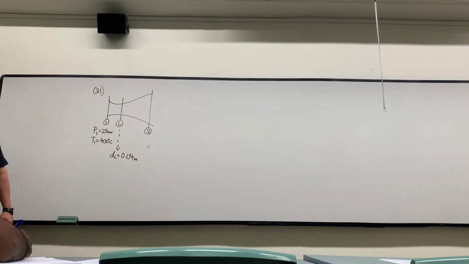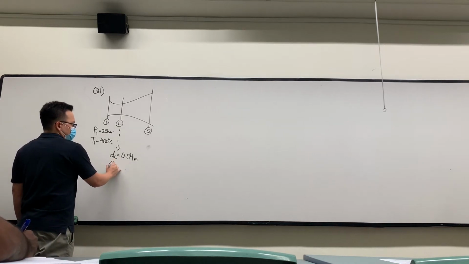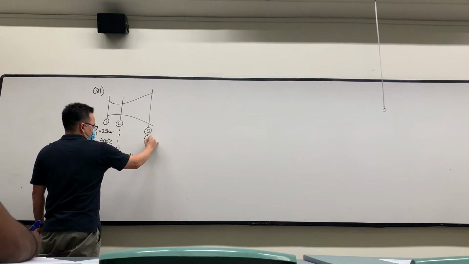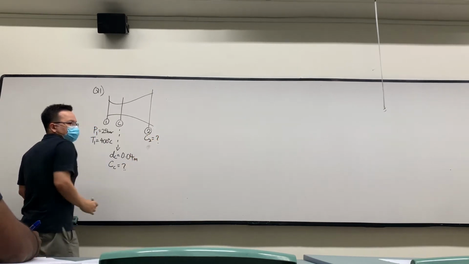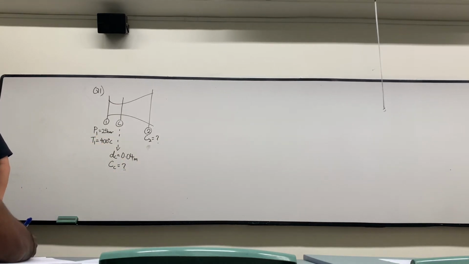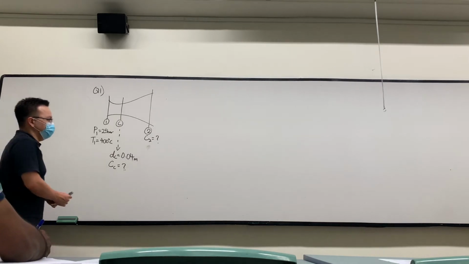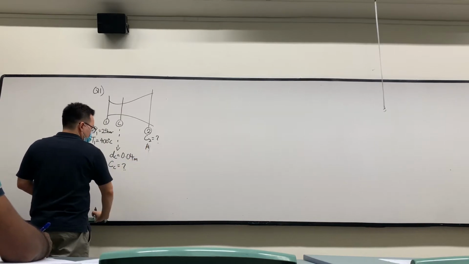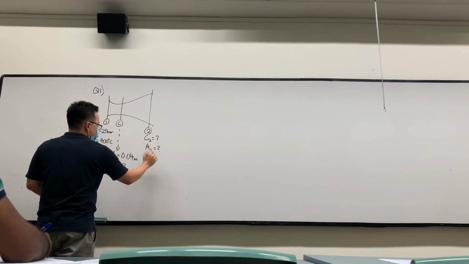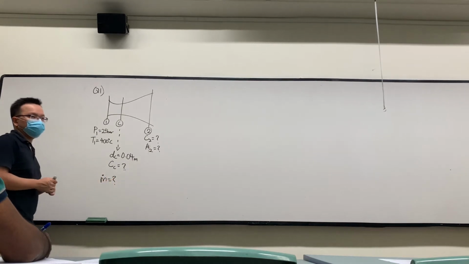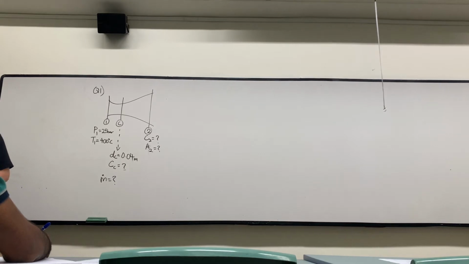They ask you to find the velocity of steam at the throat, which means you find C. You also need to find the unknown, then they also ask you to find the exit area and the steam flow rate. Good. Basically these are the few things that we find.